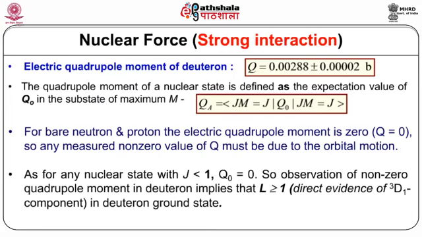So for the deuteron to have a quadrupole moment, its J value has to be greater than 1, that is, L has to be greater than or equal to 1. This indicates a strong possibility of L equal to 2 in the ground state, and it's direct evidence of the L equal to 2 component.